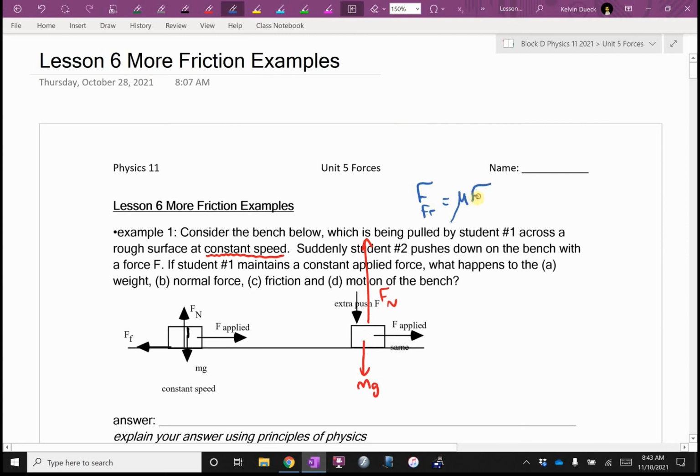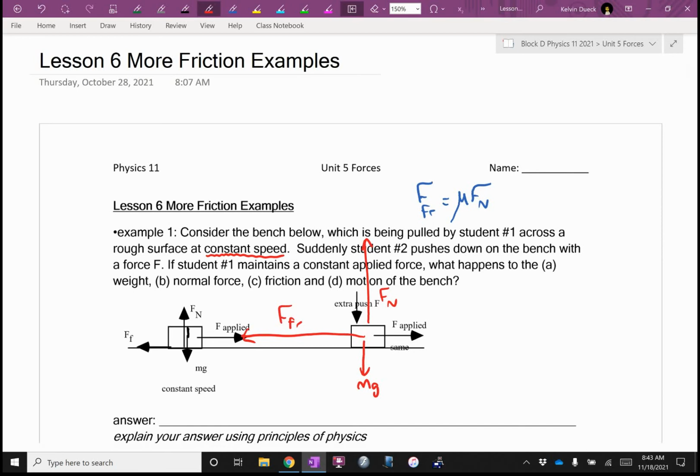Mu times the normal force. What force just got bigger? Normal force. So what other force got bigger? Friction is now bigger than Ange's applied force. They are no longer in balance. You okay with that?